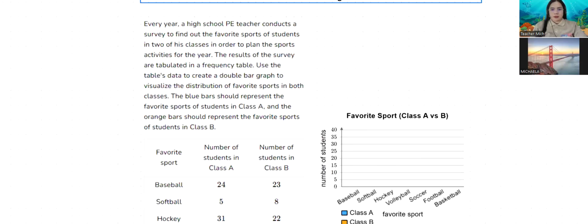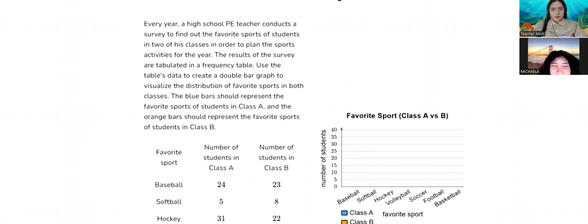Let's try this one. Can you please read our second example? Every year, a high school PE teacher conducts a survey to find out the favorite sports of students in his class in order to plan the sports activity for the year.